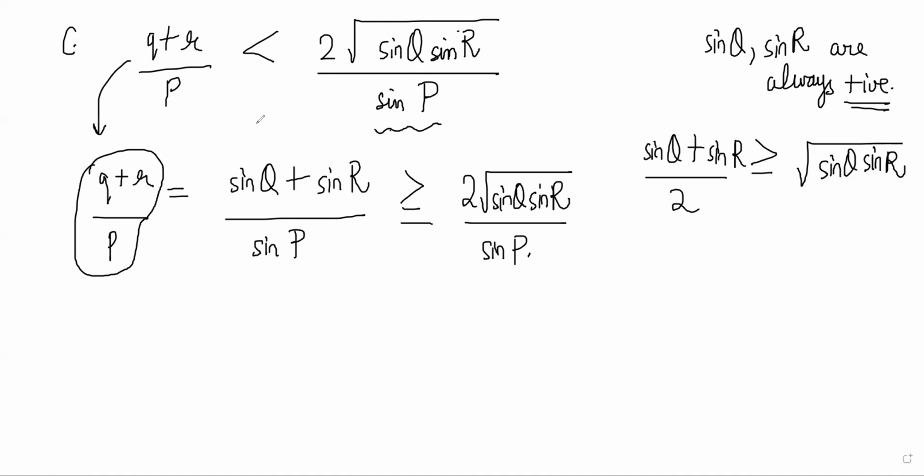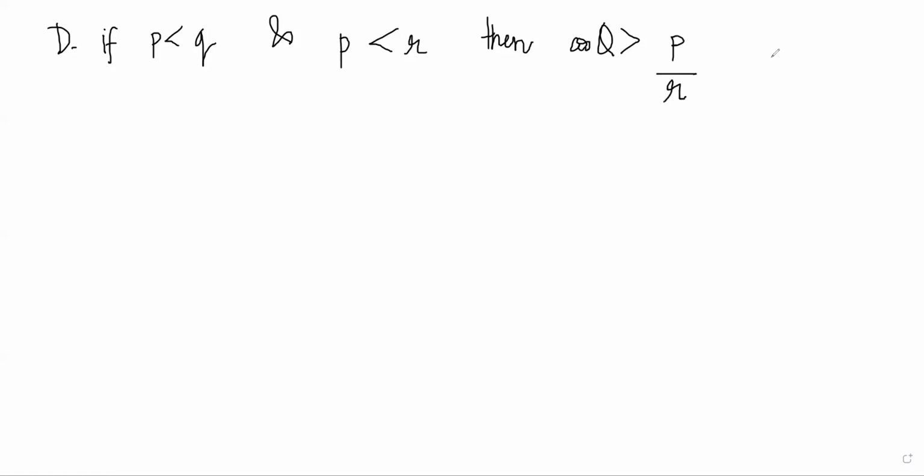And finally, we look at option D. Option D was saying that if P is less than Q and Q is less than R, not Q is less than R, P is less than R, then cos of Q is greater than P by R and cos of R is greater than P by Q. This was our option.